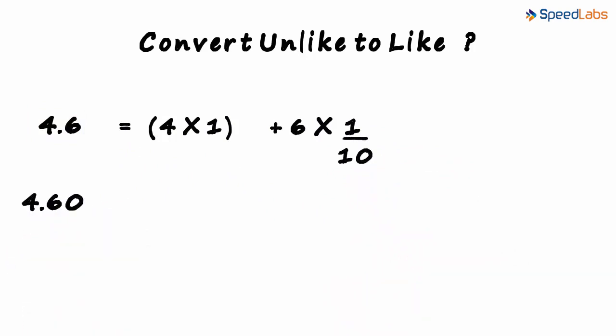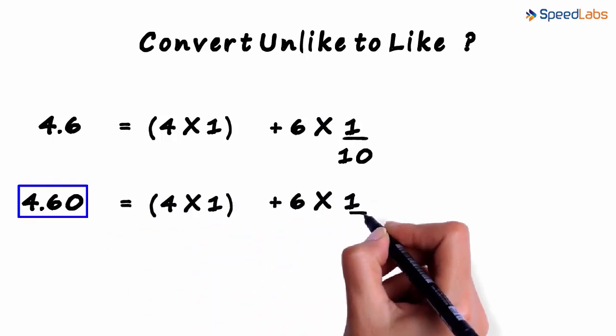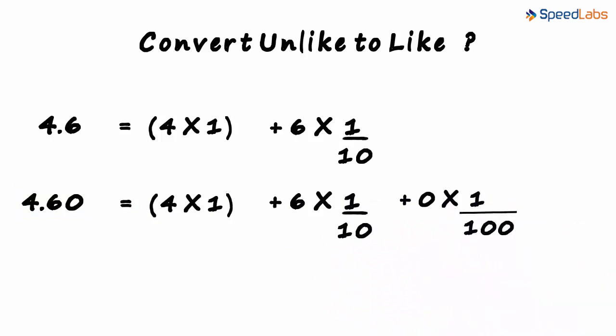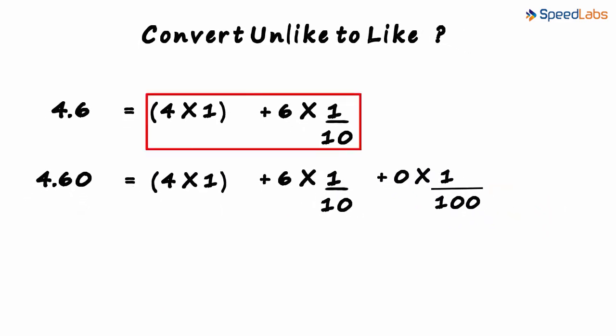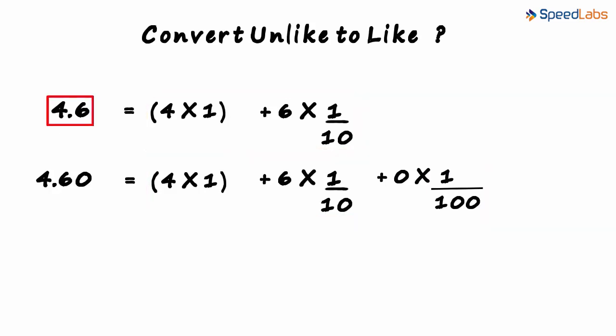With the same logic, this can be written as 4 times 1 plus 6 times 1 by 10 plus 0 times 1 by 100. 0 multiplied by any number is always 0. So essentially, this value is equal to this value, which means 4.6 and 4.60 have the same numerical value.